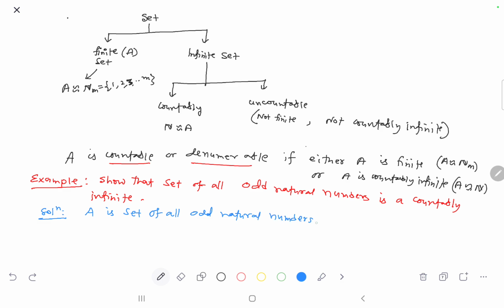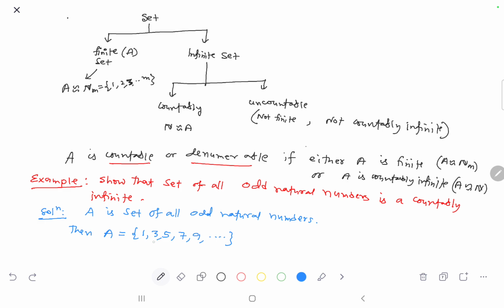Then you can guess the elements of A. A contains 1, 3, 5, 7, 9, and so on.